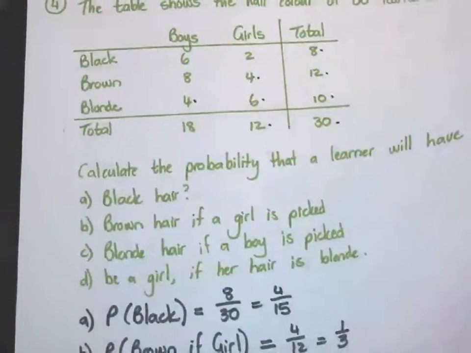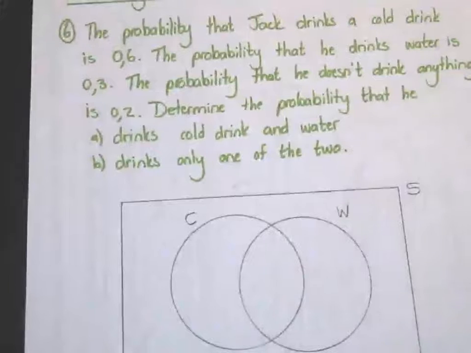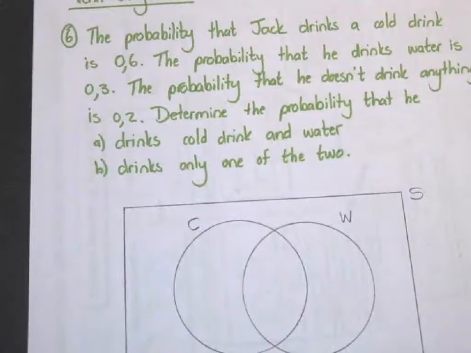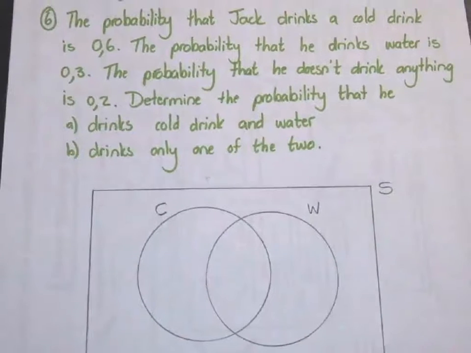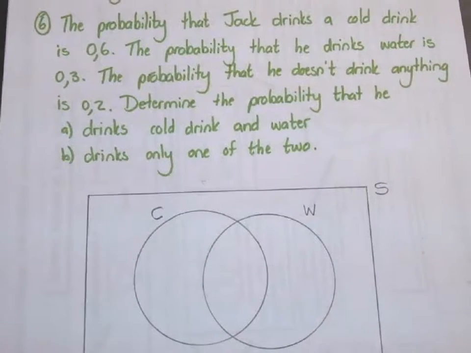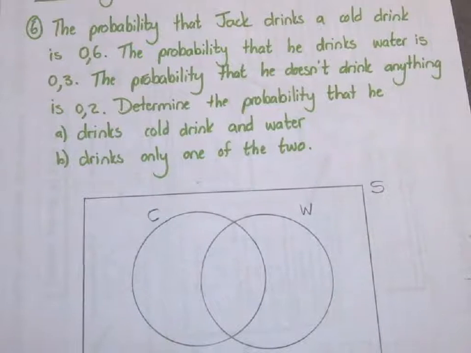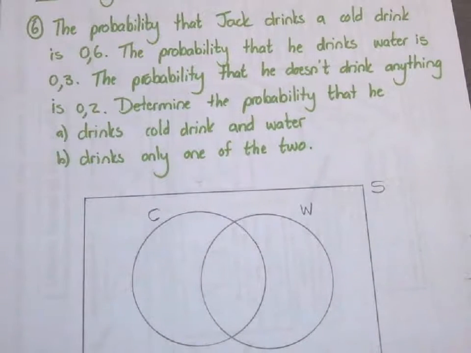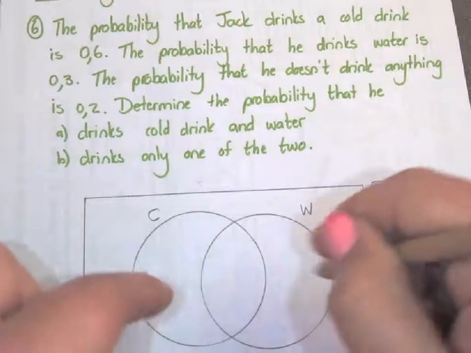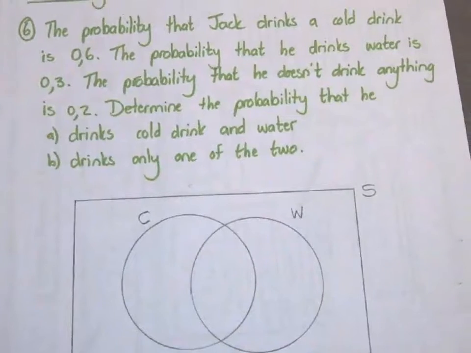Okay, our next one is Venn diagrams. Is this one in your notes? Okay. The probability that Jack drinks a cold drink. Now I'm going to show you how to get to your numbers inside your Venn diagram.